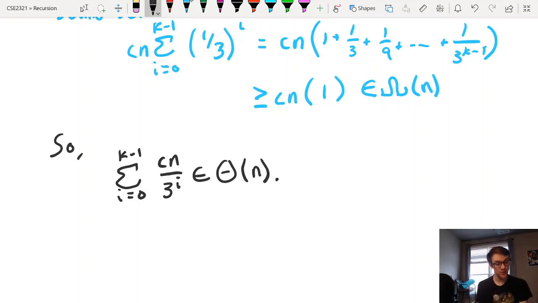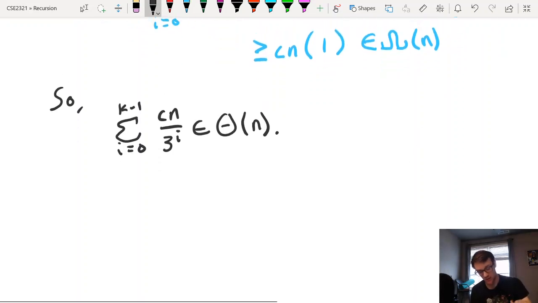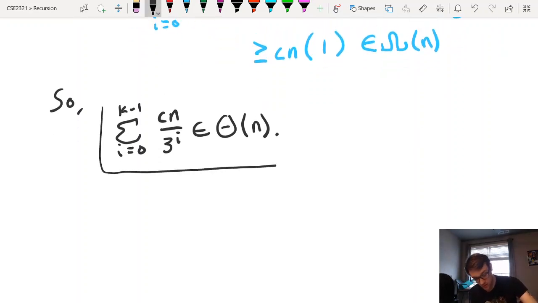Just like we showed the last time we attacked this problem, but this is much easier. For almost any problem of this form, I strongly recommend doing it this way because it tends to make the math much simpler. But to each their own. So, exactly like we showed before, we can determine the complexity of that summation.